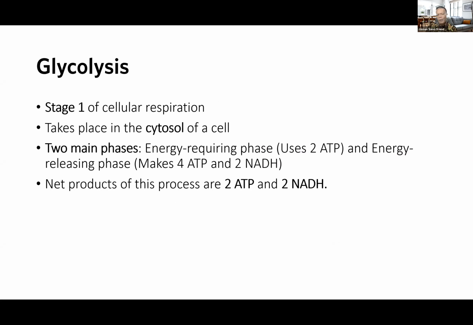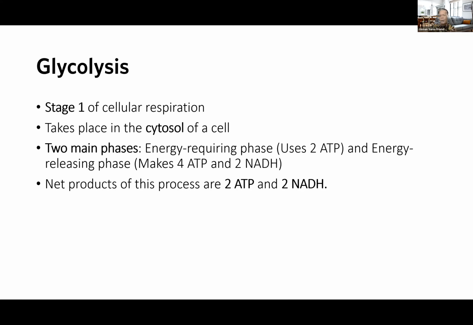In discussing glycolysis, there are several steps that we should understand. Step one of cellular respiration takes place in the cytosol of the cell, and in this glycolysis, we can see that there are two main phases.